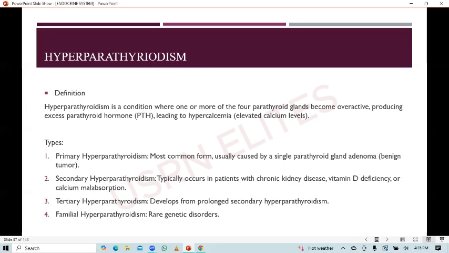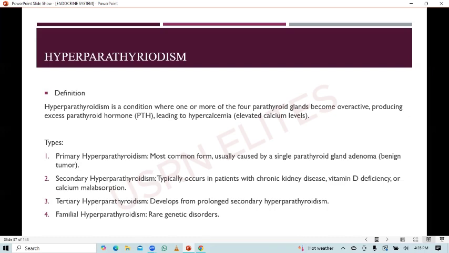The glands produce the parathyroid hormone, which helps to regulate calcium levels in the blood. So basically, that is all about the parathyroid glands and their hormone.